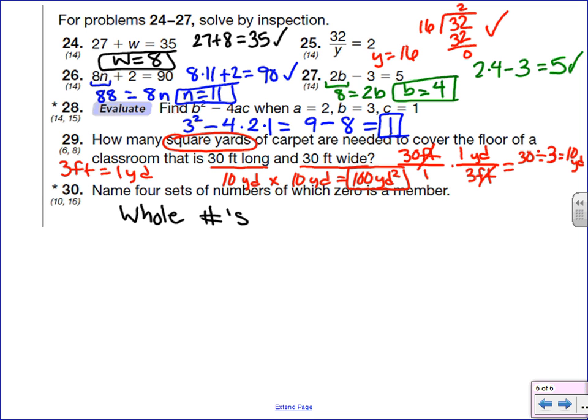They go from 0 up. Integers include positive, negative, and 0. Rational means that 0 is a decimal that ends. And then real numbers includes all of those.